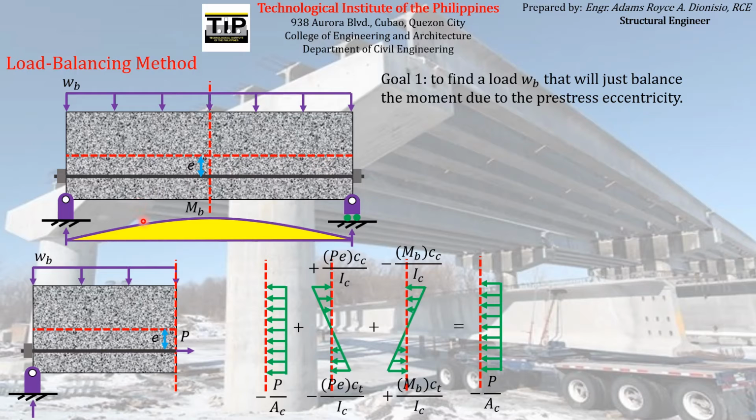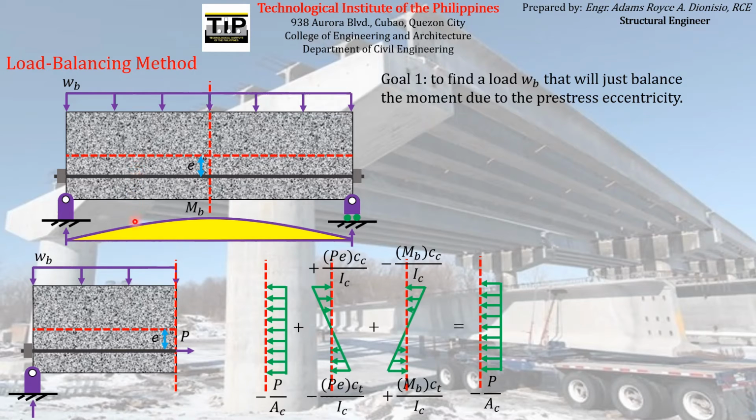So say, for example, if we try to investigate a particular section here, at this particular section we have an eccentric moment due to the pre-stress equal to PE, the same magnitude as the eccentric moment at midspan. So the magnitude of eccentric moment here at this particular section is equal to PE.